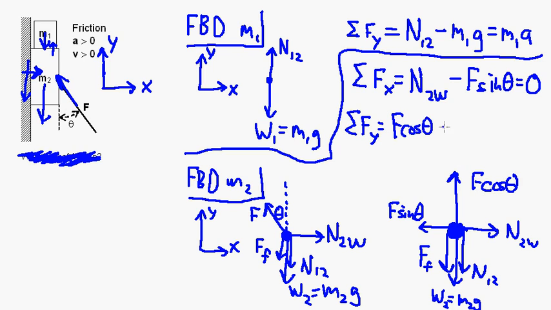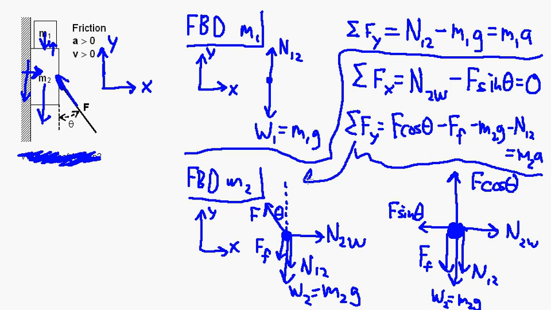And then down we have minus force of friction, minus M2G, and minus normal force between 1 and 2. And it's going to equal mass of 2 times the acceleration. And those are our equations, really. These ones right here go to object 2, and this one up here goes to object 1. And those are our three equations of motion there.